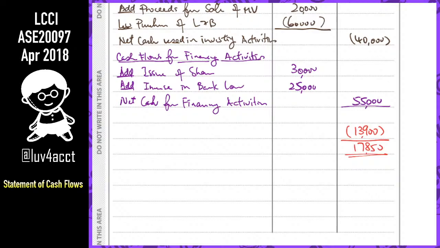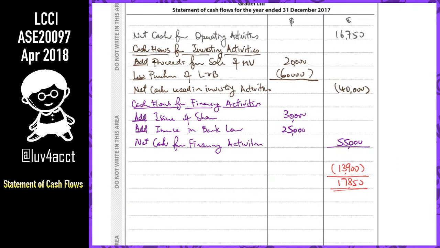Okay, so we have 16750 minus 40,000 plus 55,000. 31750 minus 13900. Yes, correct. Okay, so this one is net increase in cash and cash equivalent.